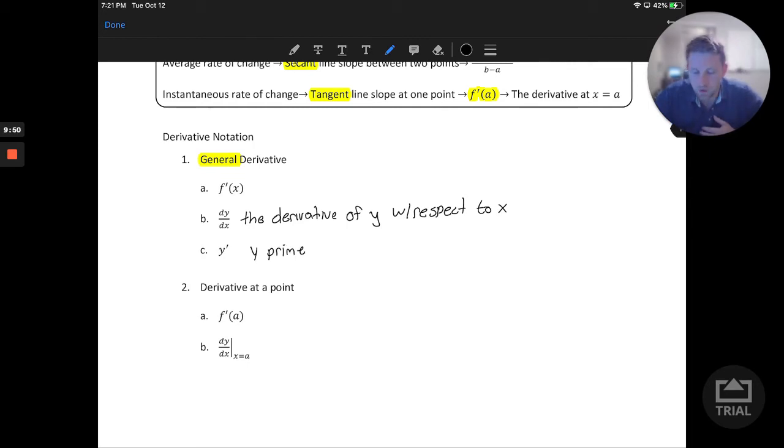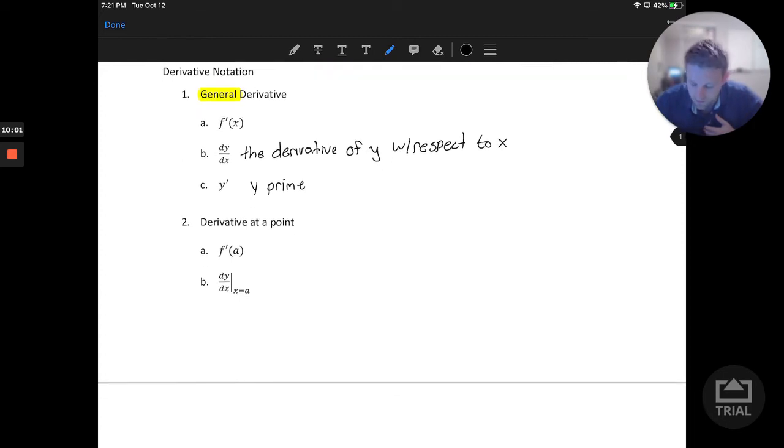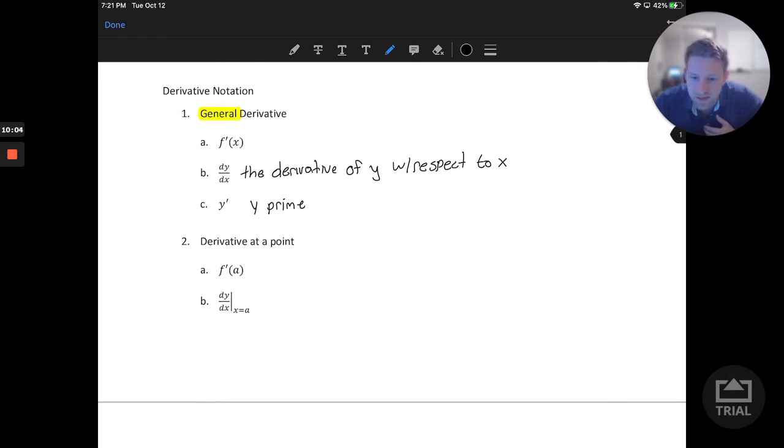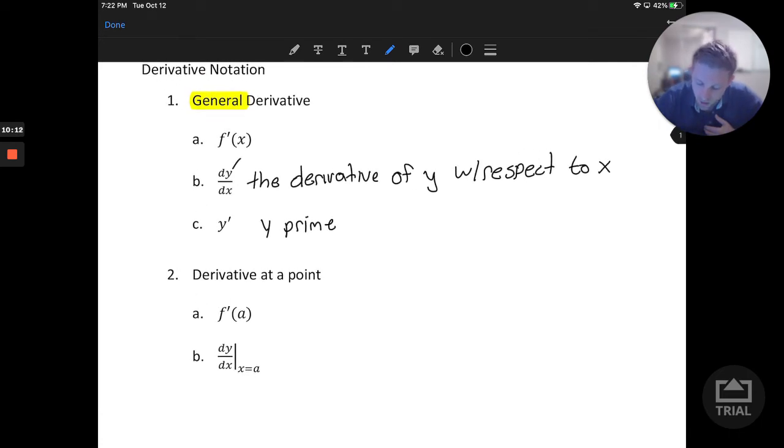If we look at those things at a specific point, we would have f prime of a, and then here would be the derivative of our y function with respect to the x variable, our input variable, at x equals a. So when we use this d notation, the y is our output, and the x is always the input variable. Our function could change its input and output variable, so we would just change that as we change our function.